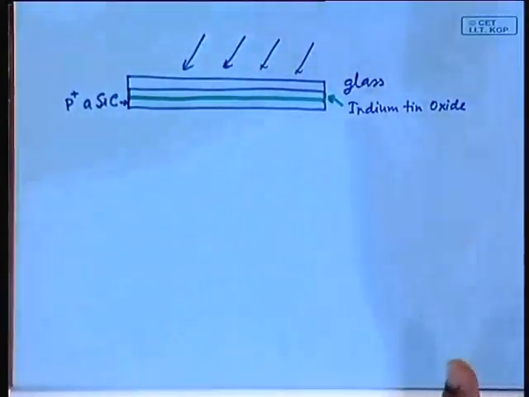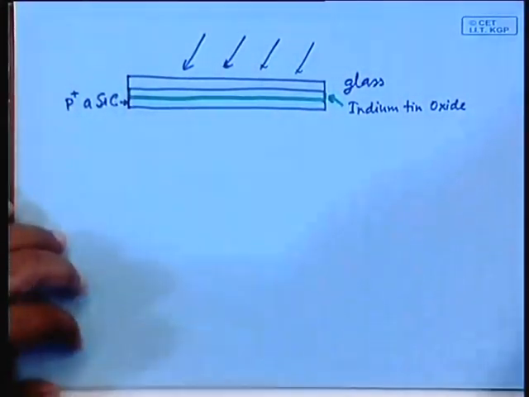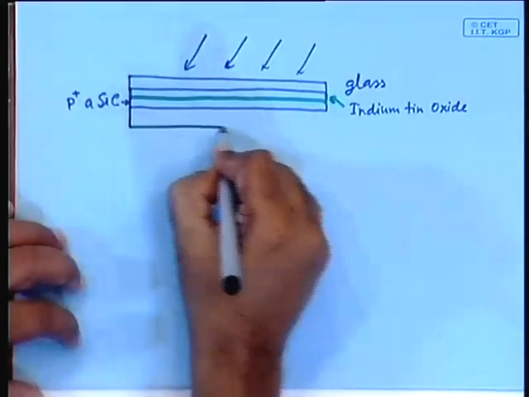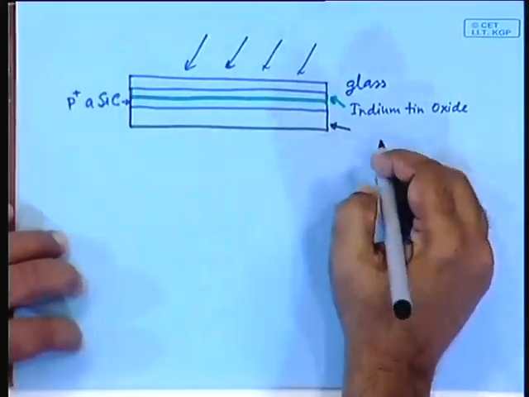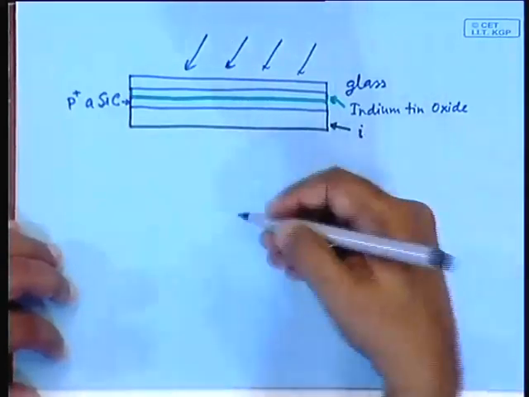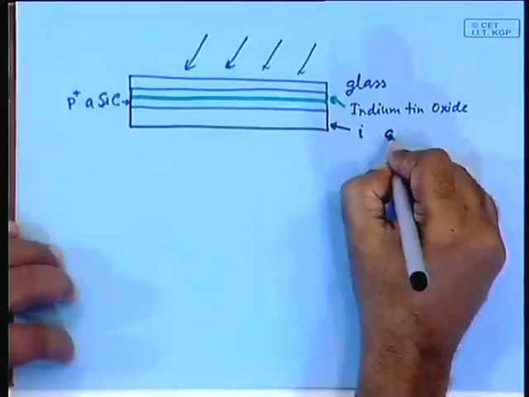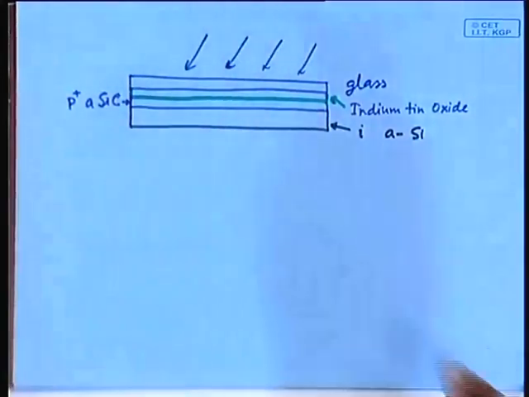Below that you have the proper amorphous silicon layer, which is also very thin. Remember, the thinness is of the order of 1 micron, 1 micrometer. So, below that you have a layer. Now, this layer is called the I layer, or the intermediate or intrinsic amorphous silicon layer, amorphous Si. Now, here is a point that you have to understand.